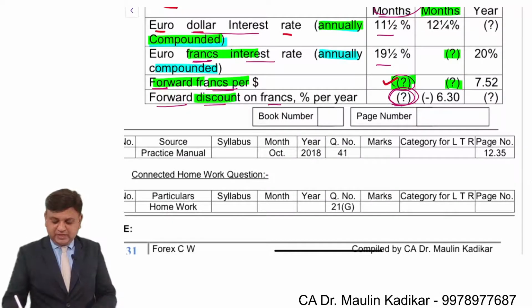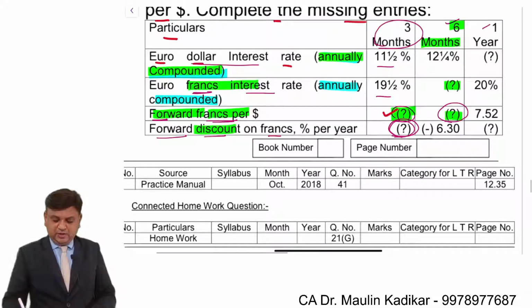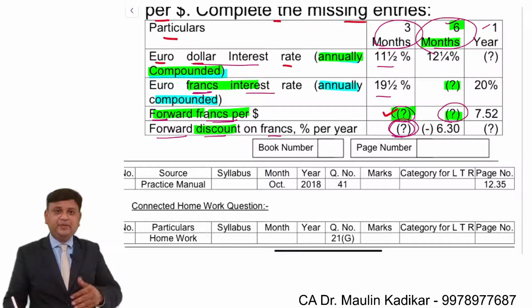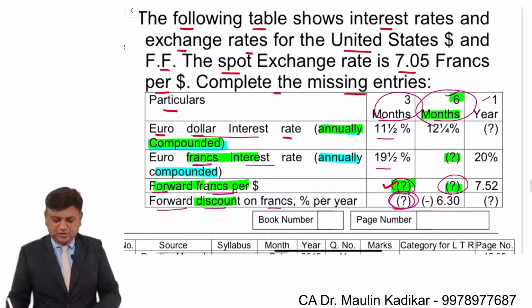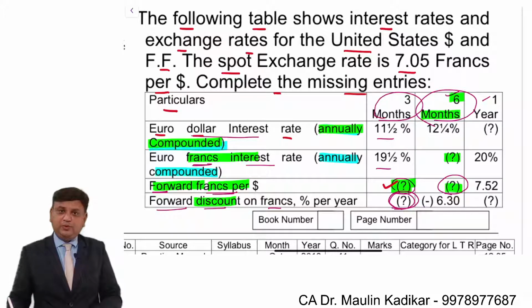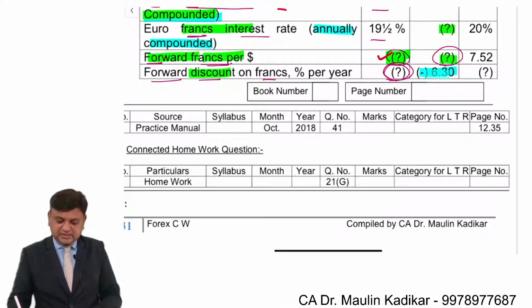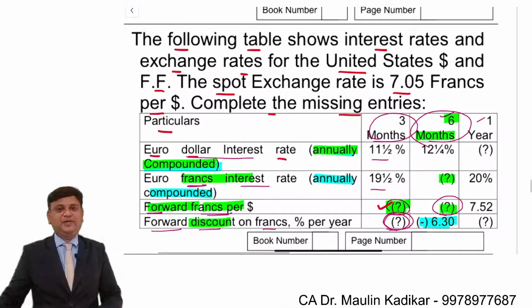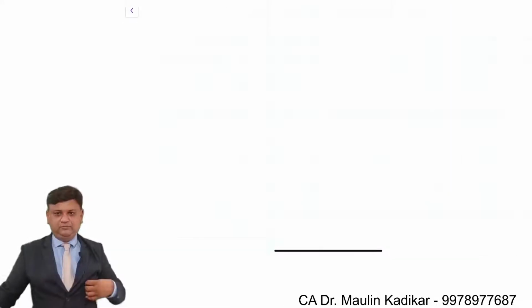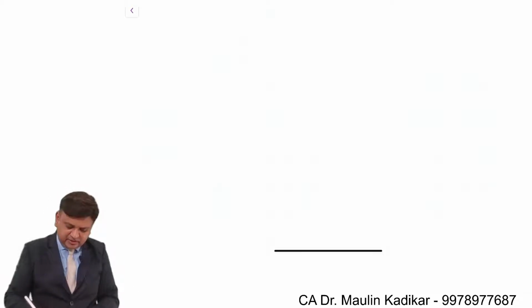So we can start with the forward exchange rate calculation for French franc per dollar for a time period of 6 months. To compute it we can use the information about the discount which is given for the French franc currency. Heading, write down 6 months.